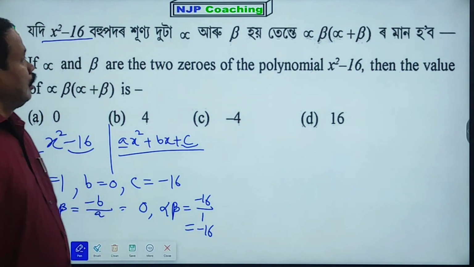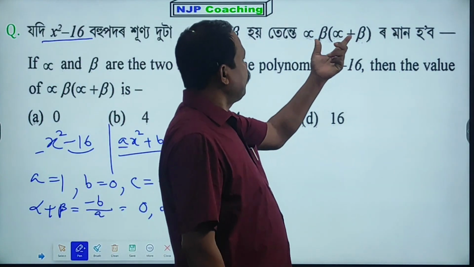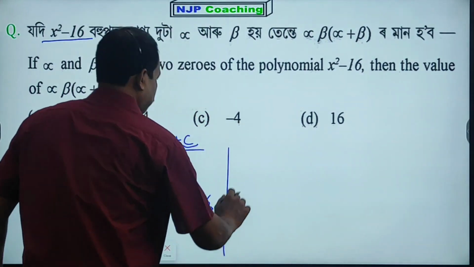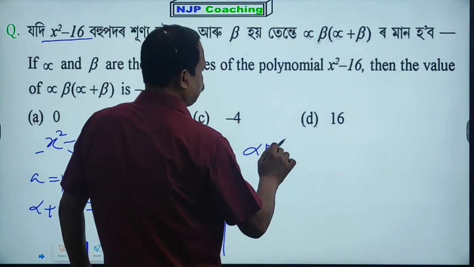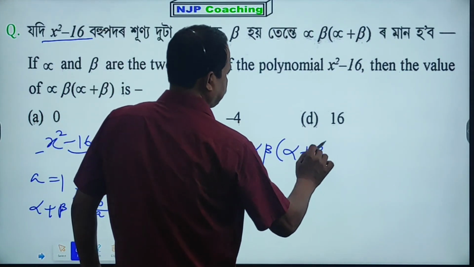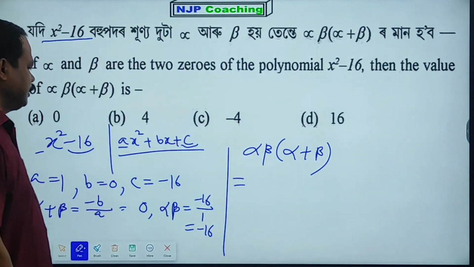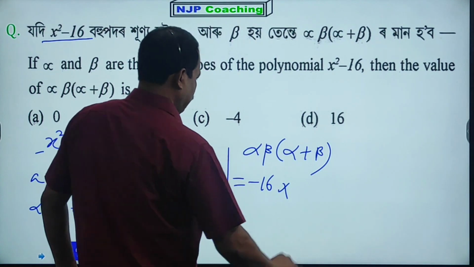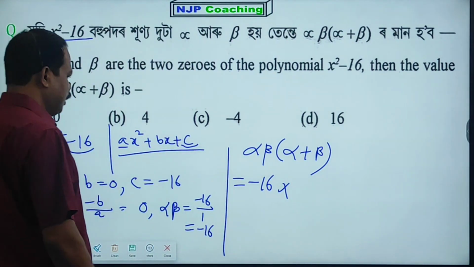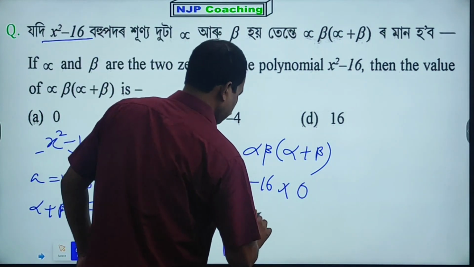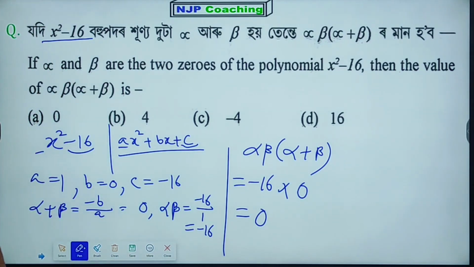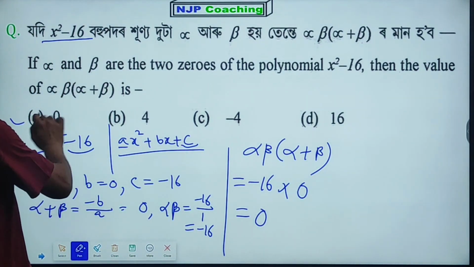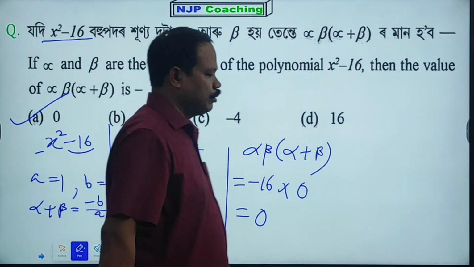Now we have to find the value of the expression alpha beta into alpha plus beta. So what is the value of alpha beta? Minus 16. And what is the value of alpha plus beta? 0. So ultimately the result is 0. First one is the right answer.